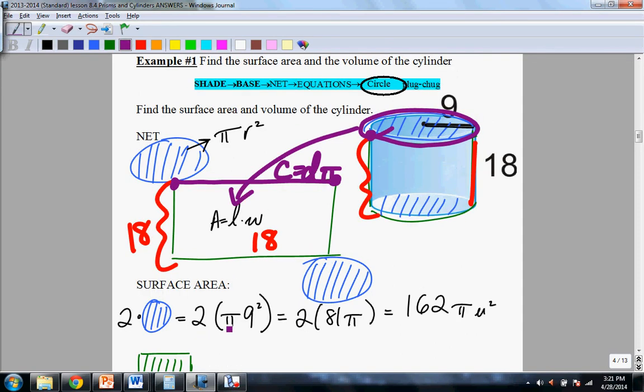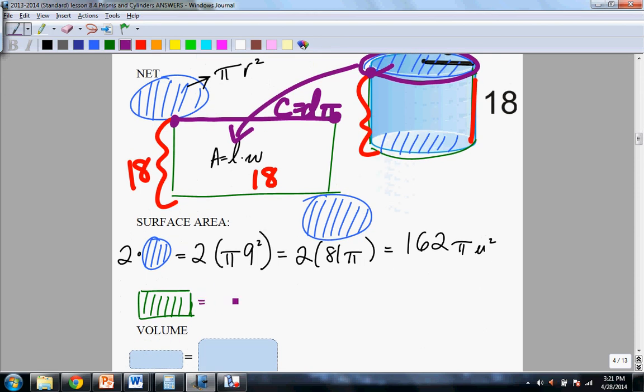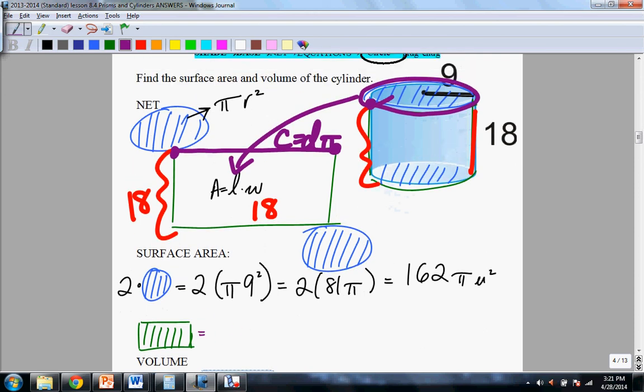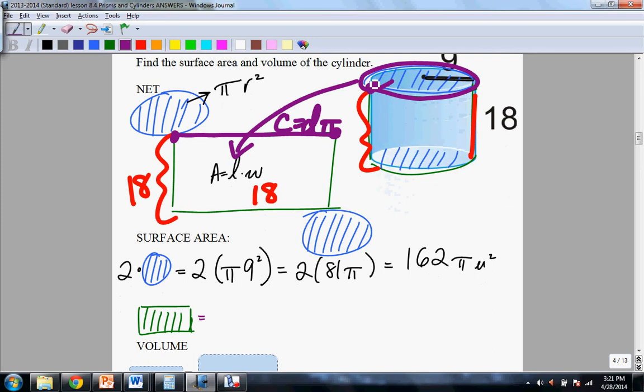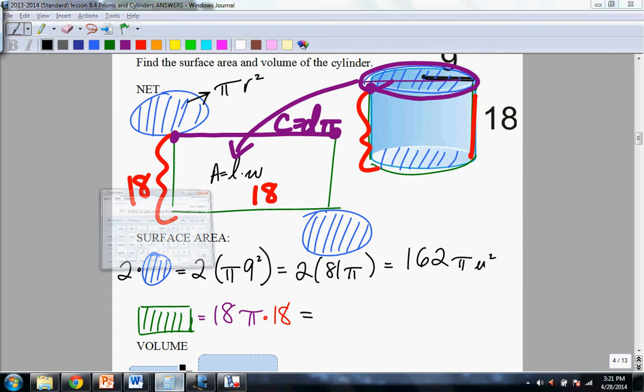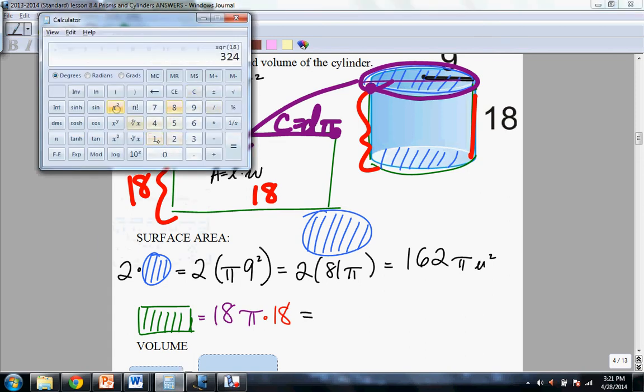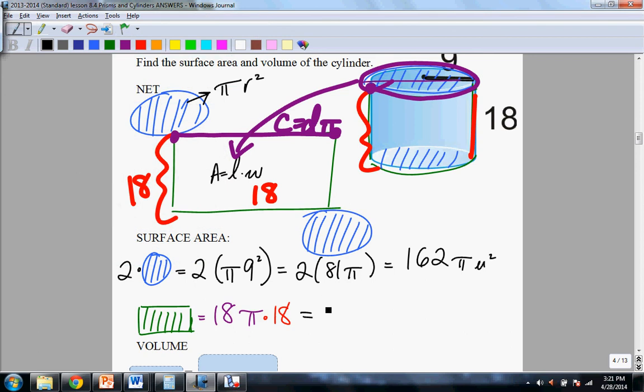So to do length times width, I'm going to do d pi, which is my length, so my diameter is going to be 18 pi, times my width, which is my height, which is 18. 18 squared. I get 324 pi.